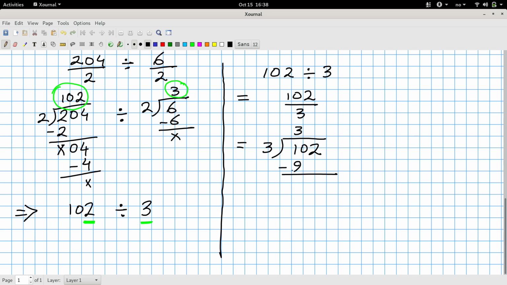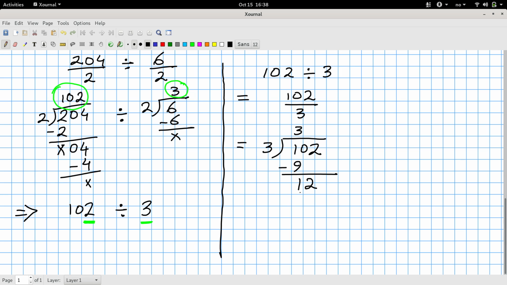We subtract that. 10 minus 9 is 1, right? So this was the result of a subtraction. We have some remainder. So we can bring down this number without putting a 0 here, because that was its turn anyway. So it became 12.